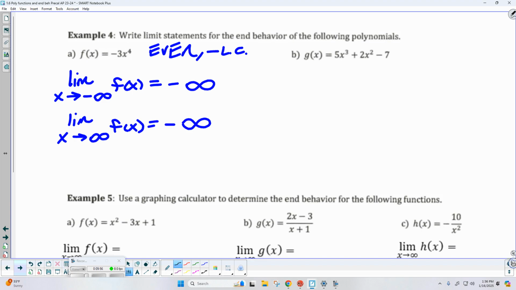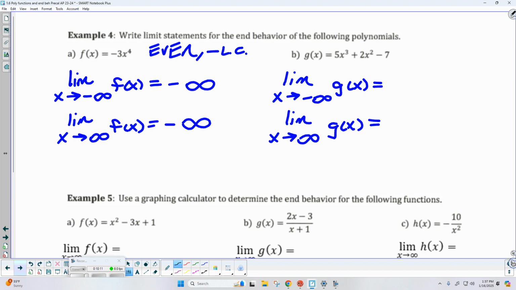Okay, let's try B. The limit as x approaches negative infinity for g of x, and the limit as x approaches positive infinity for g of x. Let's see what we got here. Bailey, what kind of combination do I have? Degree and coefficient. Okay.